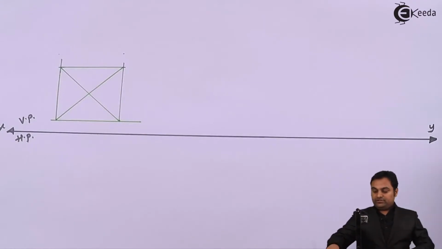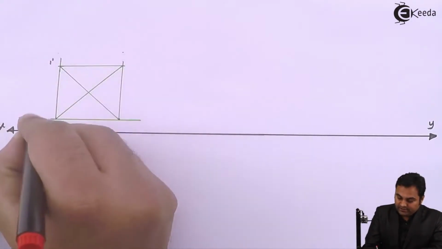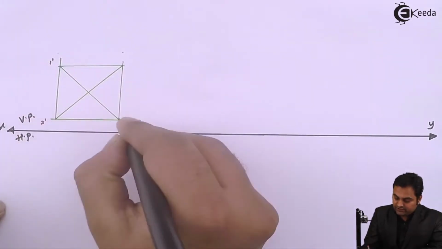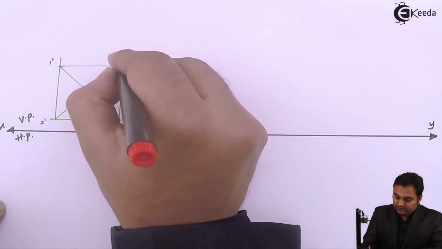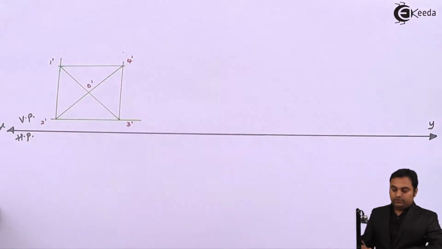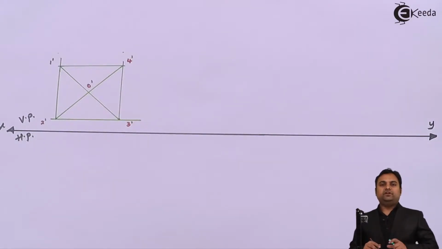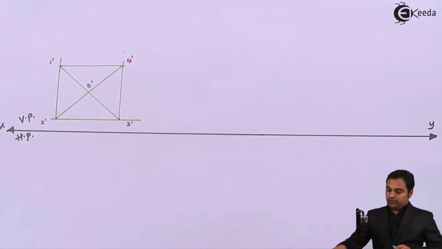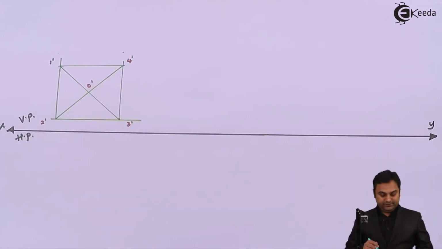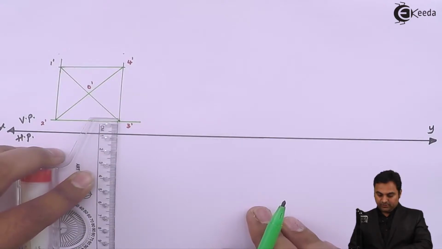Next, I'll give the notations to it: 1 dash, 2 dash, 3 dash, and 4 dash. Here is the apex. Now this apex will look like a point in the front view, or we can say the axis of the pyramid will appear as a point. Next, projecting it into the top view, that is drawing the top view of this square pyramid which is resting in VP.